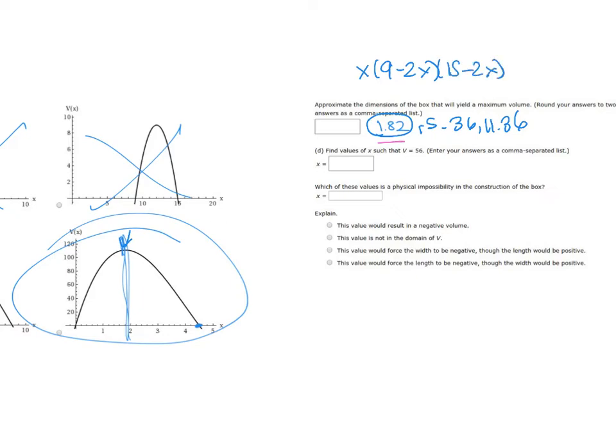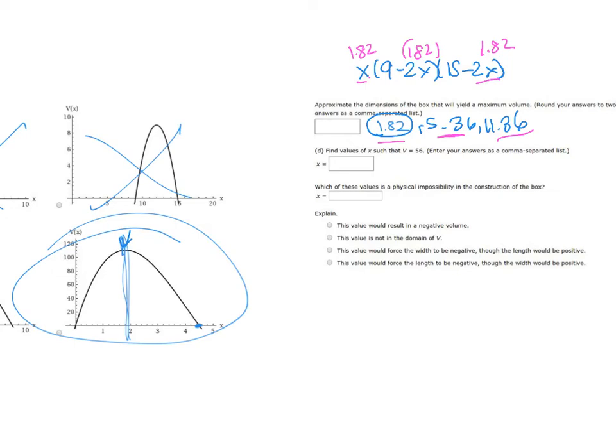So I took this 1.82, plugged it in, and that's the first number. Then I plugged in 1.82 and multiplied it, and that's the second number, 5.36. Then you plug in 1.82, and that gives you this last number here.